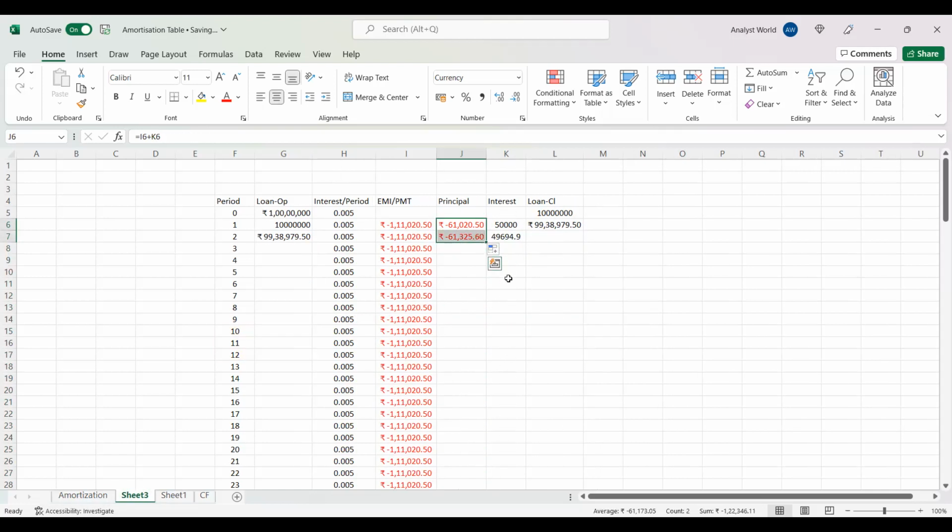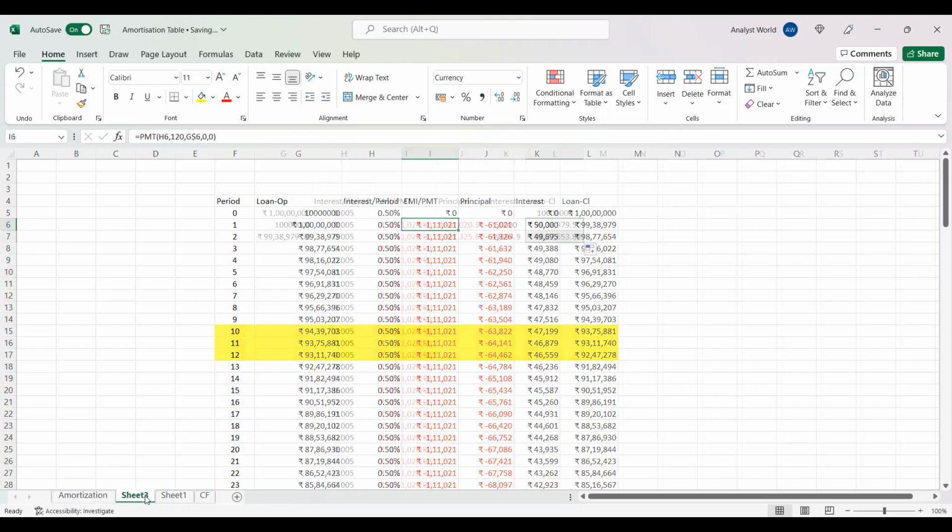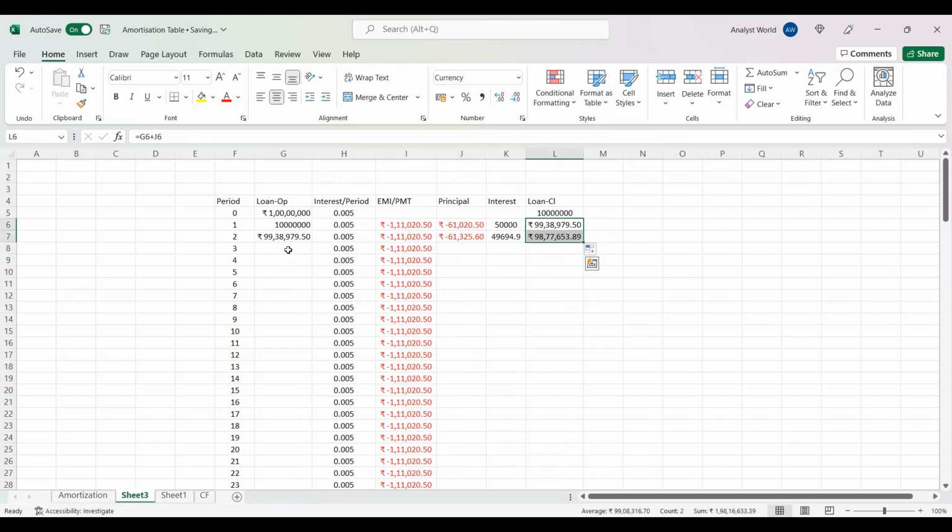That's absolutely fine. The closing loan balance is 98,766. Yeah.